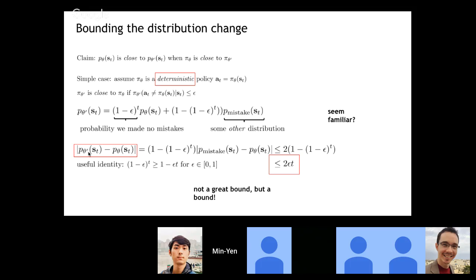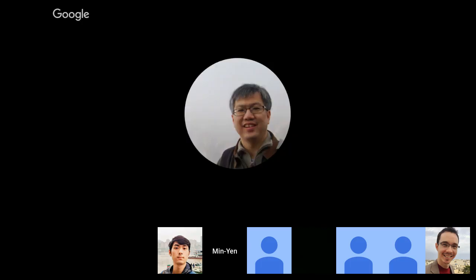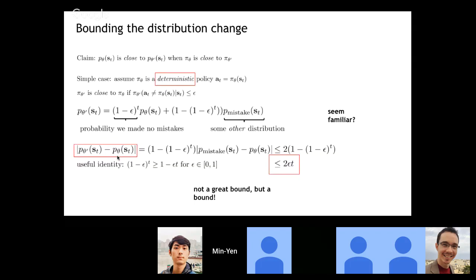Now that we have this probability distribution for theta at time step t, which is this box here, if you rearrange all the terms, ultimately you end up with this.